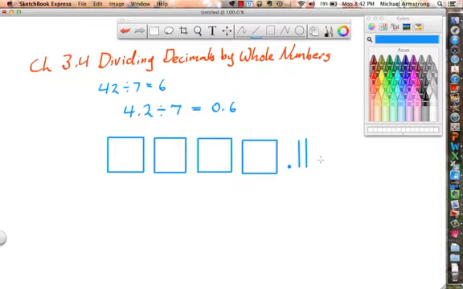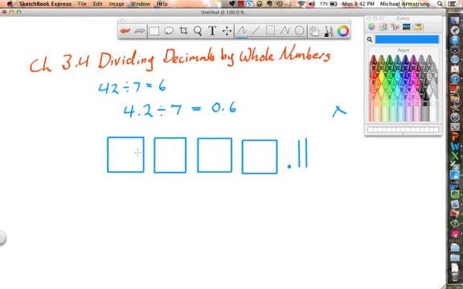So this is 4.2. Each one of these is one whole, and each one of these is 1/10. Now if we wanted to do 100th, it would just be a little tiny dot. But we're not going to do that. I'm not going to worry about that.